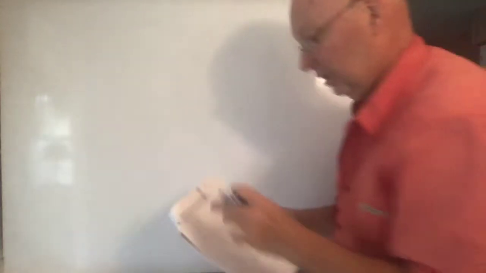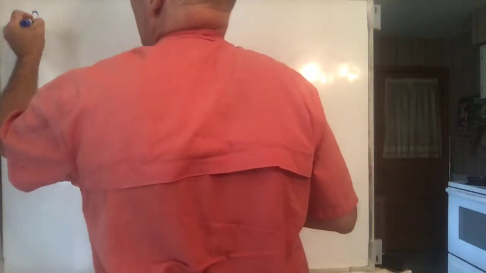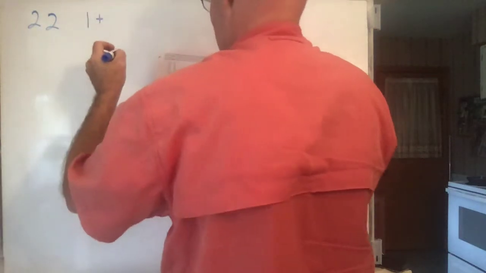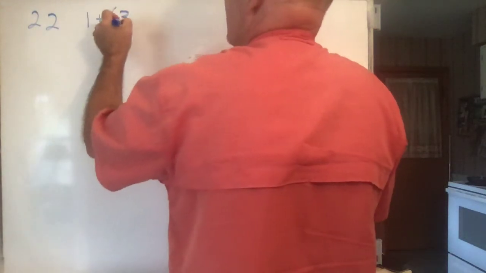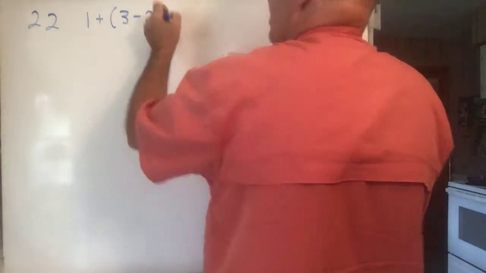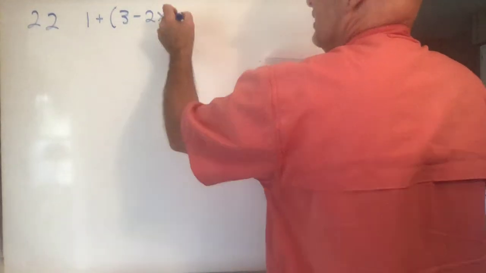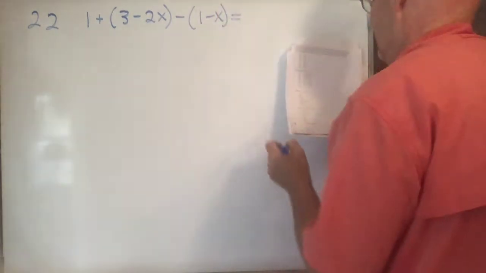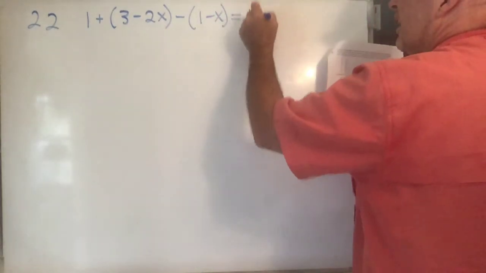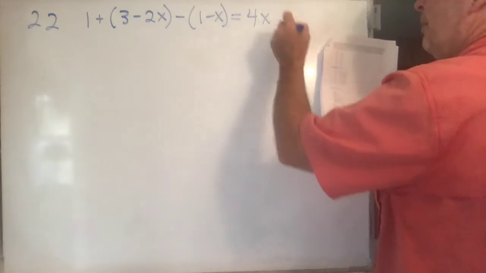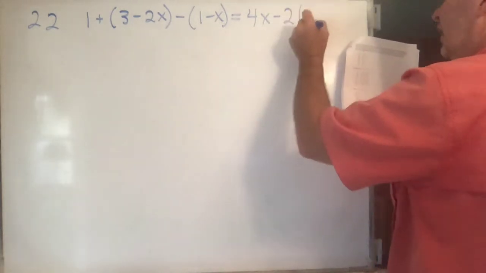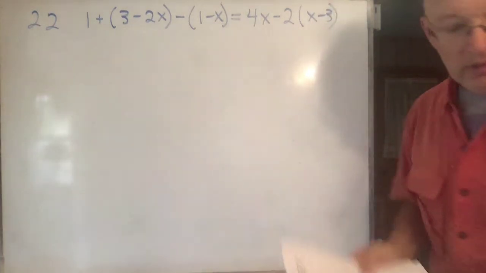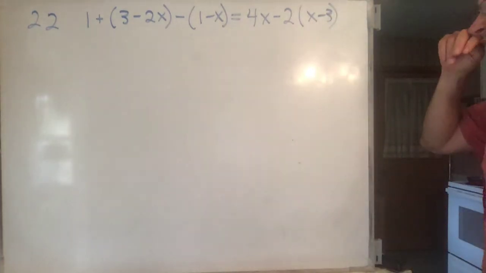Number 22 says 1 plus the quantity 3 minus 2x minus the quantity 1 minus x is equal to 4x minus 2 times the quantity x minus 3. Okay, so we just need to find the value of x that makes that true.